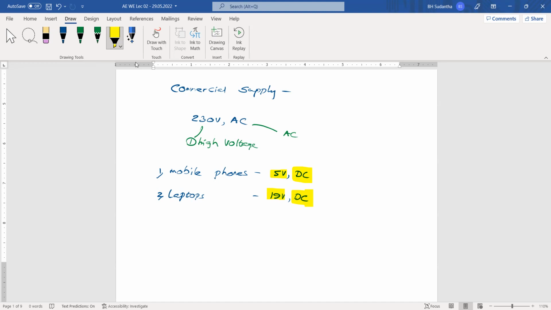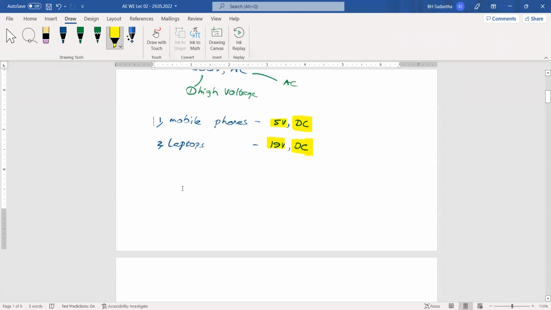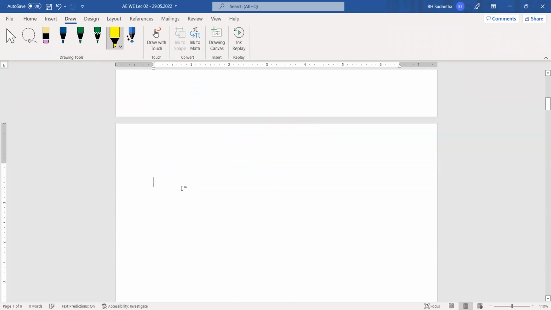Okay, then low voltage, and how can we lower the voltage? There are certain methods to reduce the voltage. One popular method is we can have a transformer.